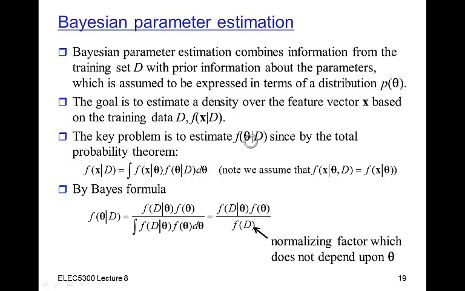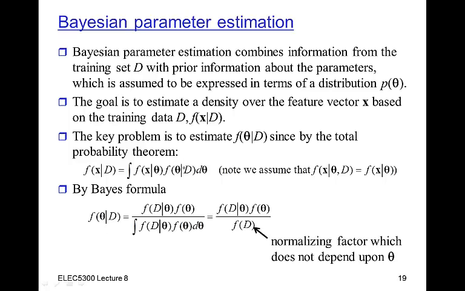This is the critical step because once we have it, we can easily compute the probability density function over x by integrating over all possible values of theta, where we weight f of x given theta by the conditional density of theta given d.